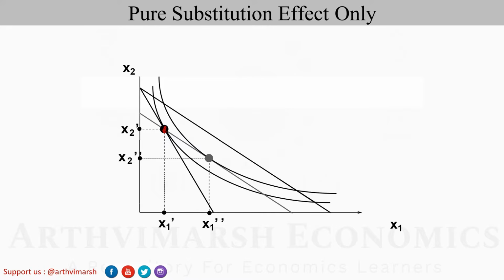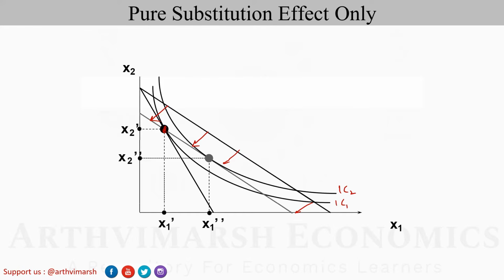Now, when we use the compensated variation approach and shift our budget line back towards the original consumption bundle, the optimal point will be where the indifference curve is tangent. So this is the new indifference curve, IC2.